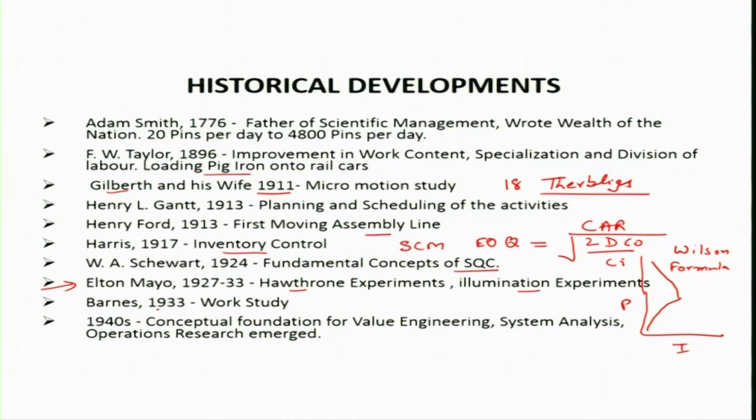Then in 1933, methods work study was developed by Vance, where we said that there is a scientific, 8-step approach to develop a method for a given work, which is the best method rather than an optimal method. And then in the 1940s, during the Second World War, the conceptual foundations for value engineering, systems analysis, operations research, etc. emerged.